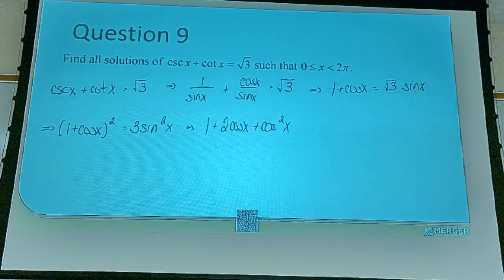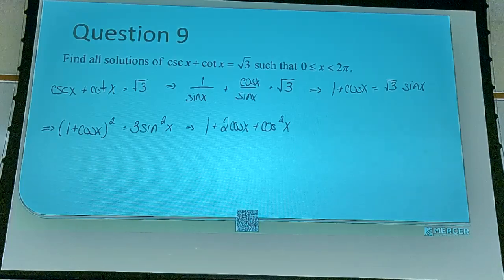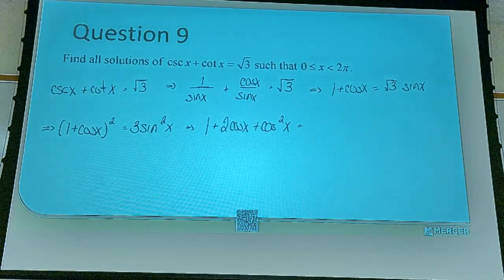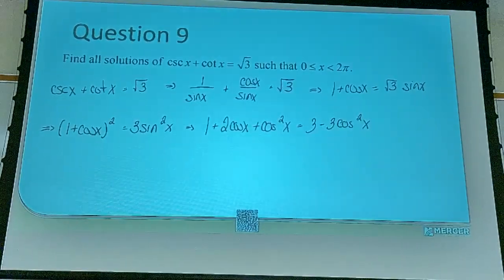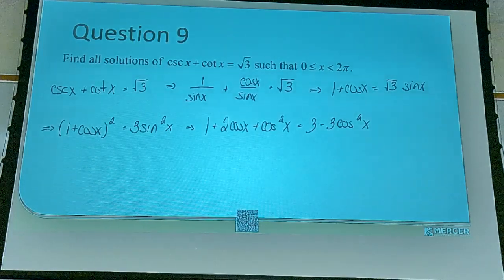Expand out the left-hand side. Replace sine squared with 1 minus cosine squared. And bring all of your terms to one side.